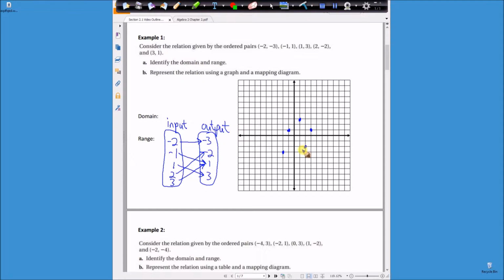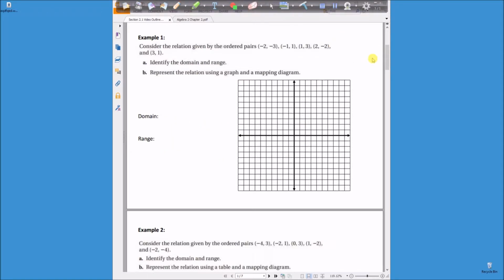Did I miss something? Nope, doesn't look like it. So this is just a relation, and you don't have to connect the dots. You're just drawing the dots. You're just plotting the points. You're not connecting them. All right, so let's move on.